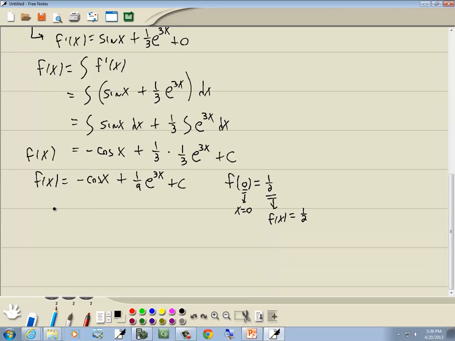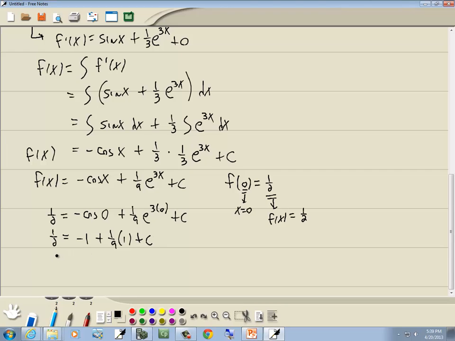So f of x over here we replace with 1/2 equals negative cosine 0 plus 1/9 e to the 3 times 0 plus c. And then we want to solve for c. So we got 1/2 equals, cosine of 0 is 1, so that's negative 1, plus 1/9. 3 times 0 is 0, e to the 0 is 1, plus c.